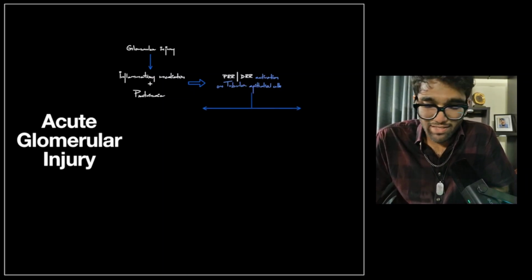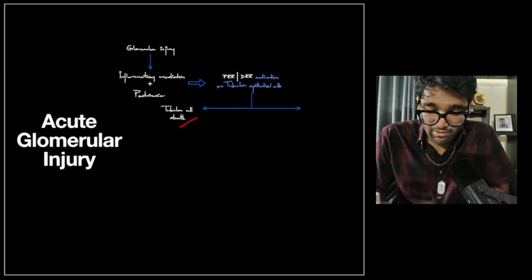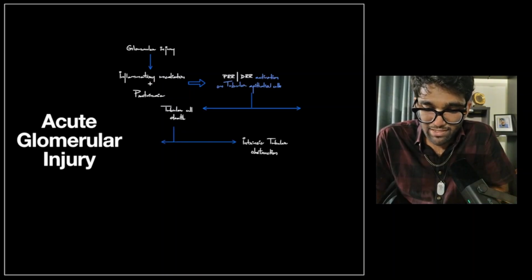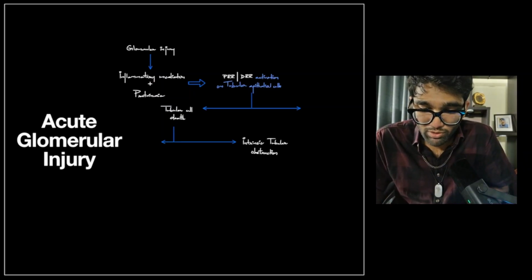NLRs are cytoplasmic, but all the others. Okay, and that results in tubular cell death, and that tubular cell death secondarily results in desquamation of these tubular epithelial cells and obstruction of the lumen of the tubule.